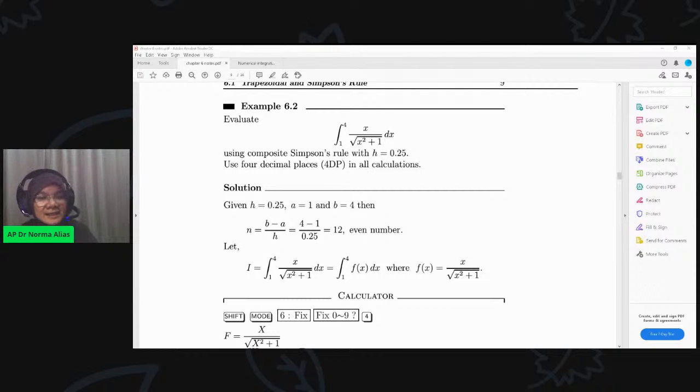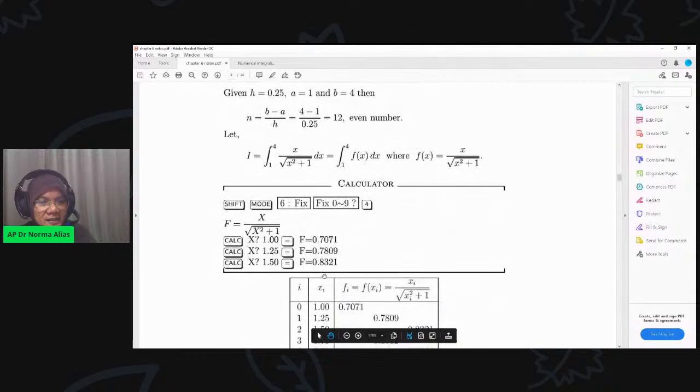Second, I know how many sub-intervals based on the formula b minus a divided by h. Third, I know how to create 5 columns to find the summation of Fi odd and Fi even. I know how to press the calculator by inserting the value of f of x equal to x divided by x squared plus 1.